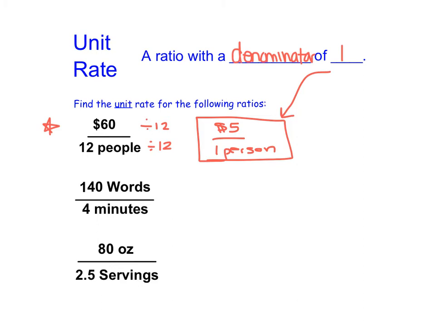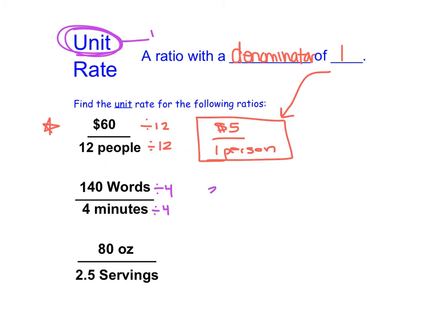Then if I look at this next one, I can see that I have 140 words divided by 4 minutes. And again, I remember that a unit rate, think of unit as 1. A unit rate has a denominator of 1, so I need to get a 1 in my denominator. So I divide the denominator by 4 as well as the numerator by 4. So 140, if I use my calculator, divided by 4 is 35.